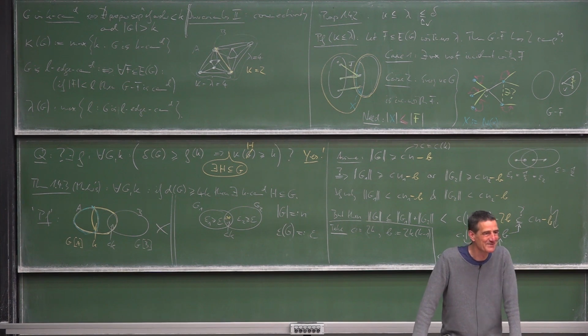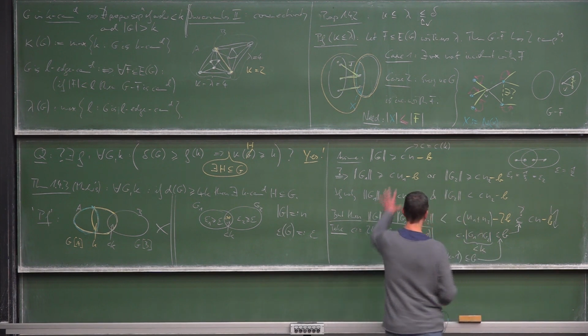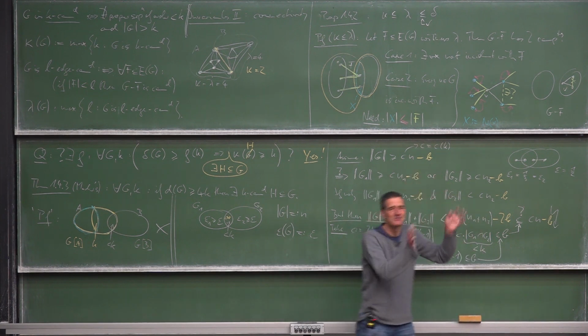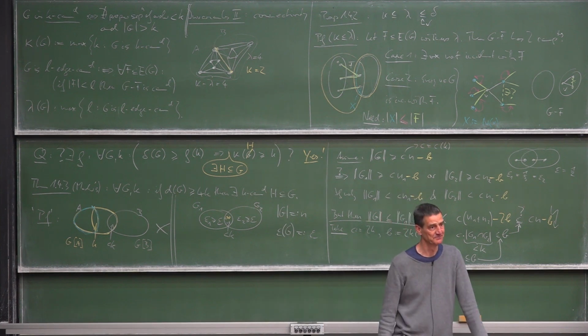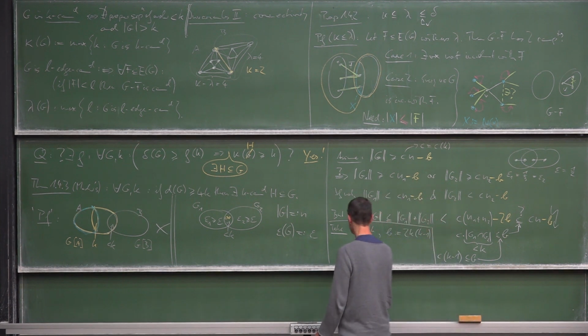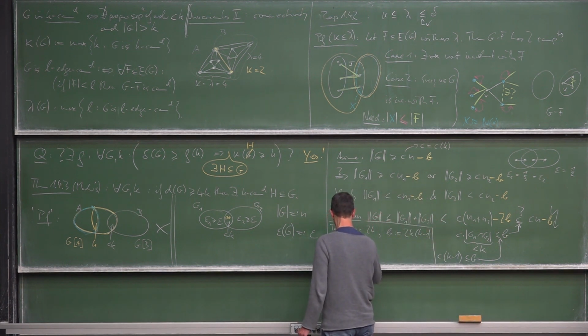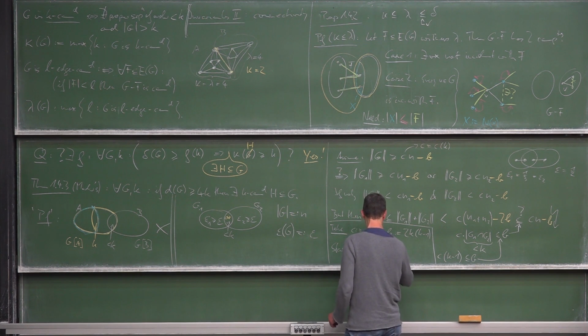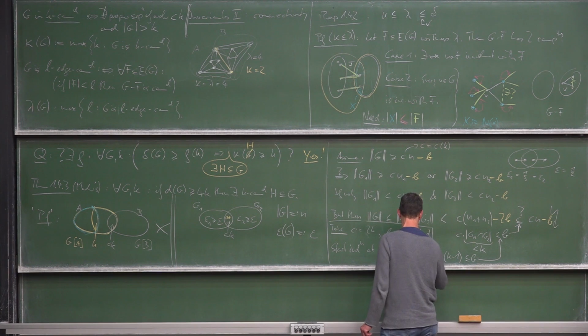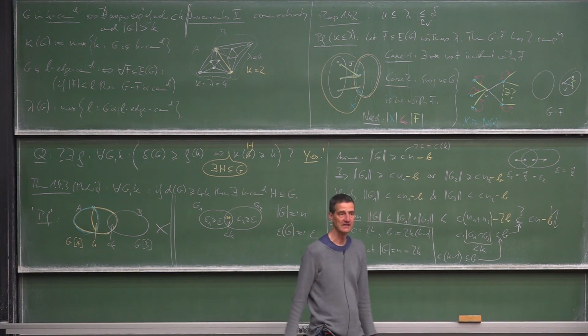So where's the mistake? Well, the mistake is that I just showed you the induction step, and I always said, yeah, and we say we're done by induction. But the induction does have to start. So start the induction at n equals 2k.